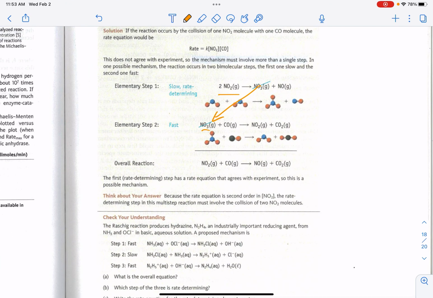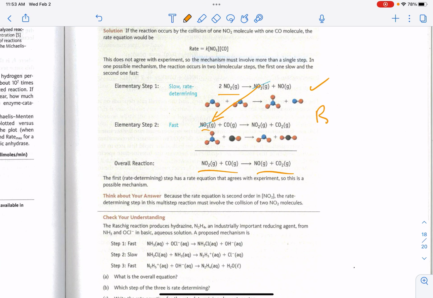Then we go ahead and we add up the reactants and we add up the products. My reactant intermediate doesn't show up, of course. And I have my overall reaction. Step 1 is slow. If I'm going to write my rate law, though, my rate law has to be based upon the slow step.